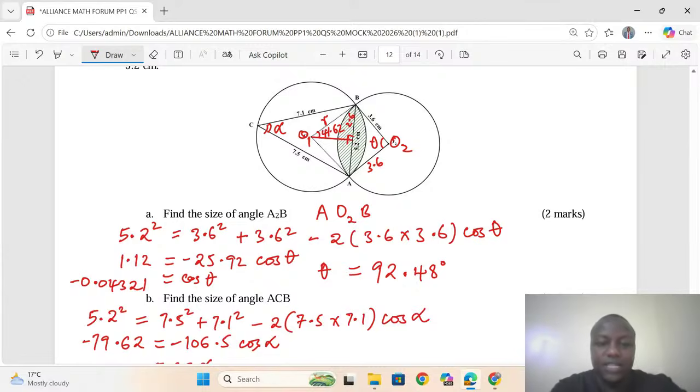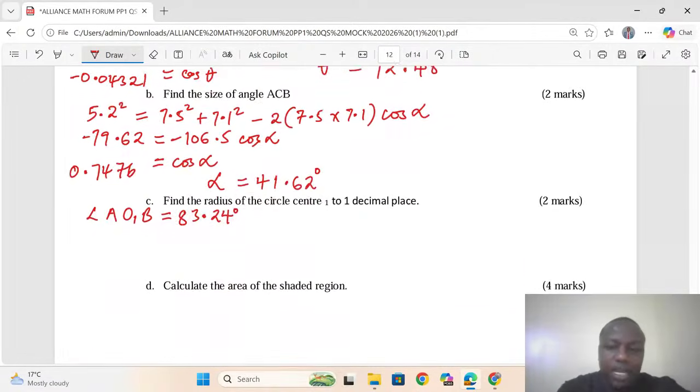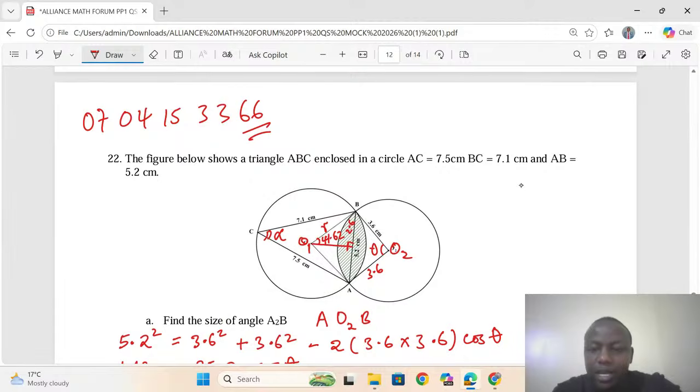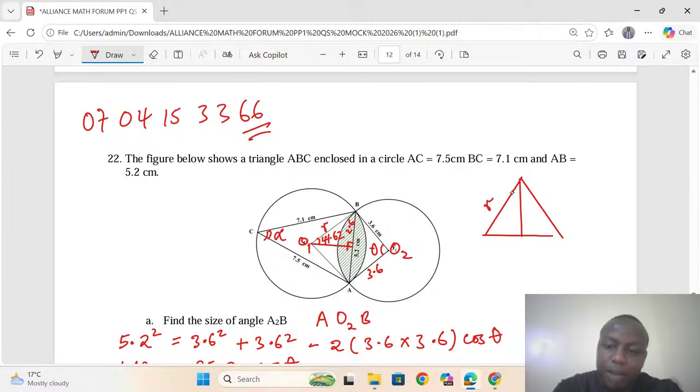So now we have this nature of a triangle. Let me extract the triangle so that we may see what we are talking about. We have a radius here unknown, but the angle here is 41.62, and here it's 2.6. This is now right angled.